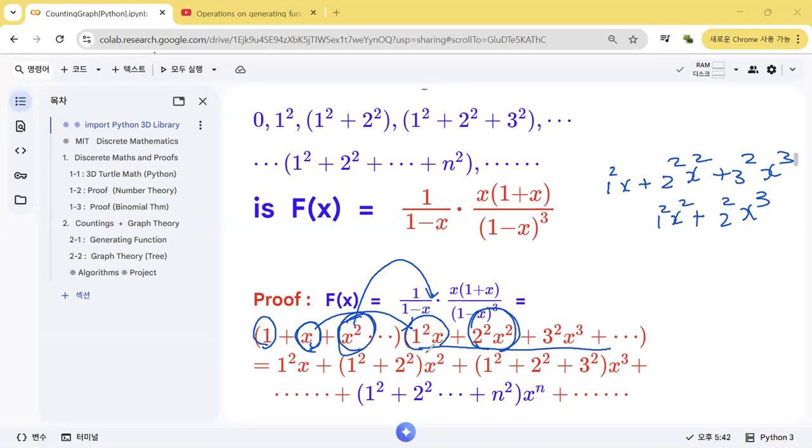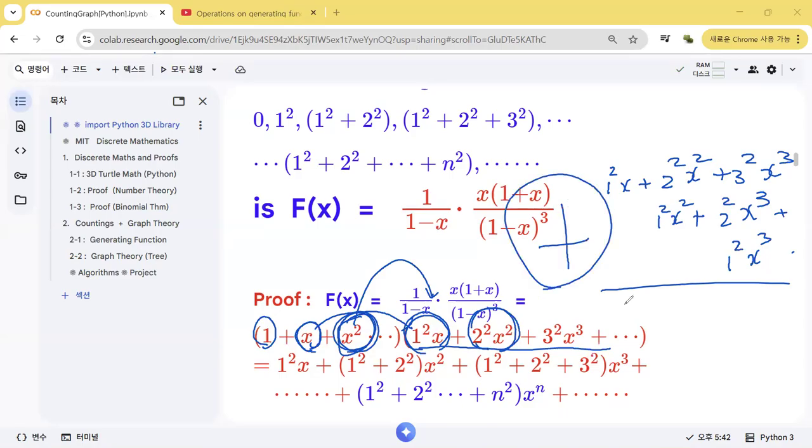x squared times this one is one squared x cubed, plus something like that. Okay. And then taking all the sum, you get one squared x. Let's see.